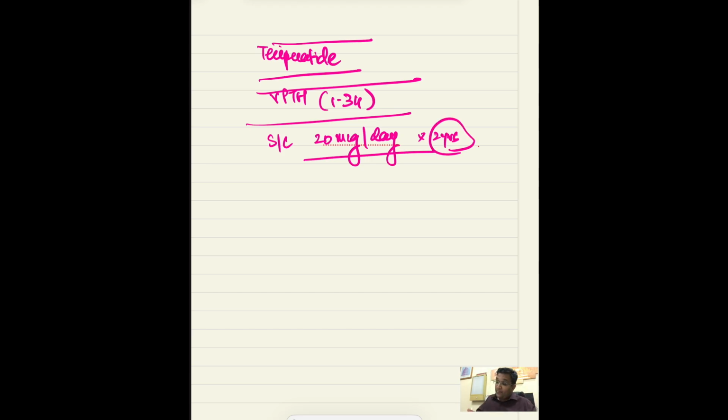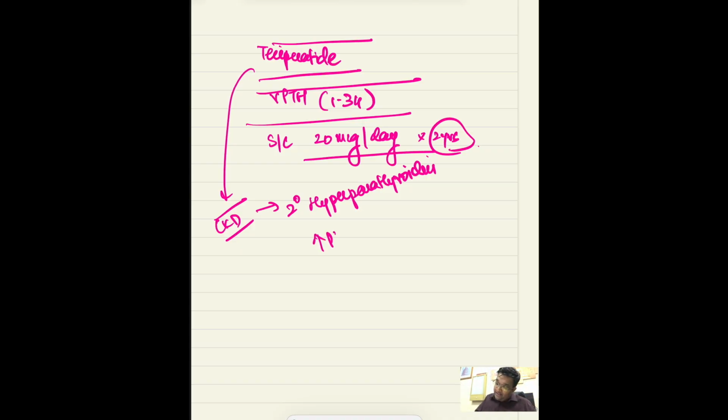But it cannot be given in CKD because of secondary hyperparathyroidism. Already there is increased PTH, so we cannot give this recombinant PTH along with that.